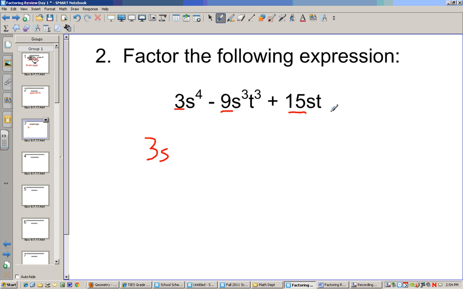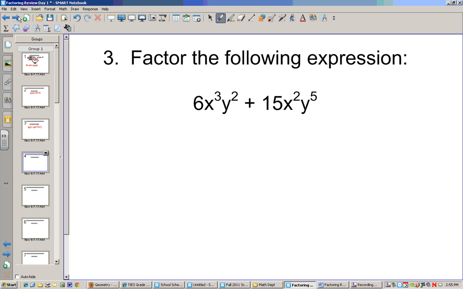And we can't take out a t because this one does not have a t. So 3s to the fourth divided by 3s would just be s to the third, minus 3s squared because I took an s out. Now the t's stay the same. And then I took a 5 out, so it'd be 5. The s goes away, and we're left with a t.